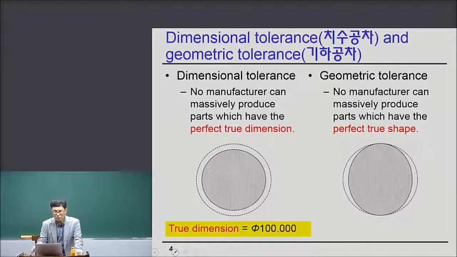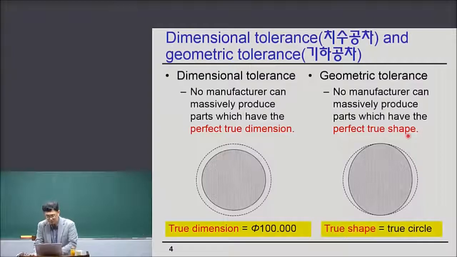And also in geometric tolerance, no manufacturer can massively produce parts which have the perfect true shape. In this case, true shape is true circle, right?